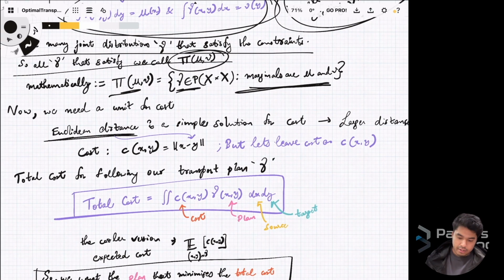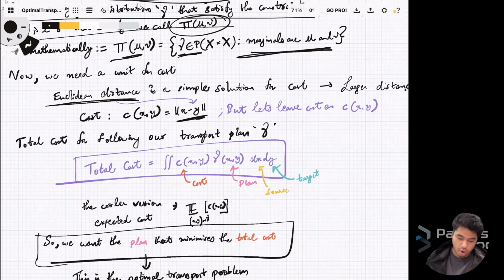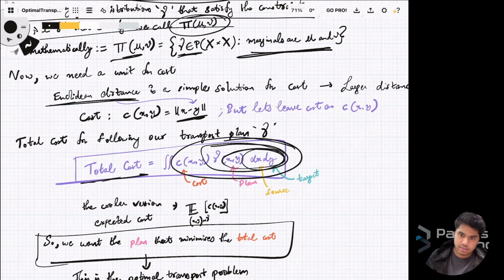If you use Euclidean distance for cost, like we used in the previous example, it's just a one norm of the distance, and the total cost is a combination of the joint distribution across all plans and across all the costs, right? So we are essentially double integrating across the source and the target for all coupling plans and all the costs associated with them.